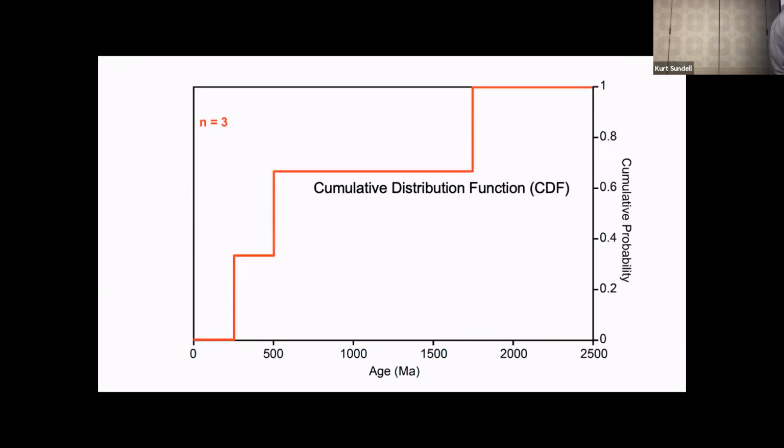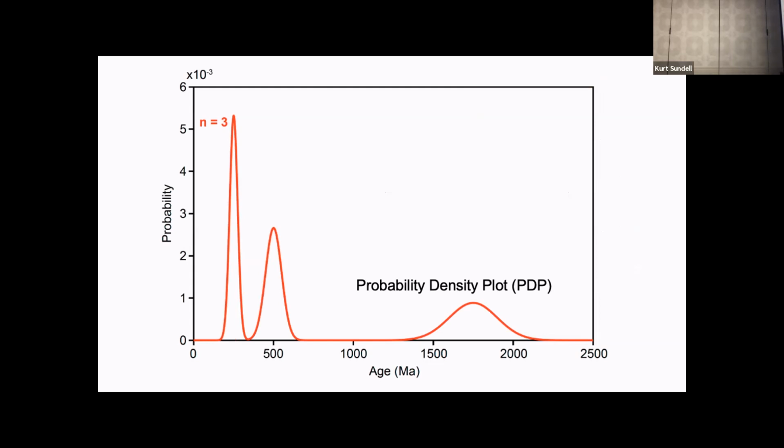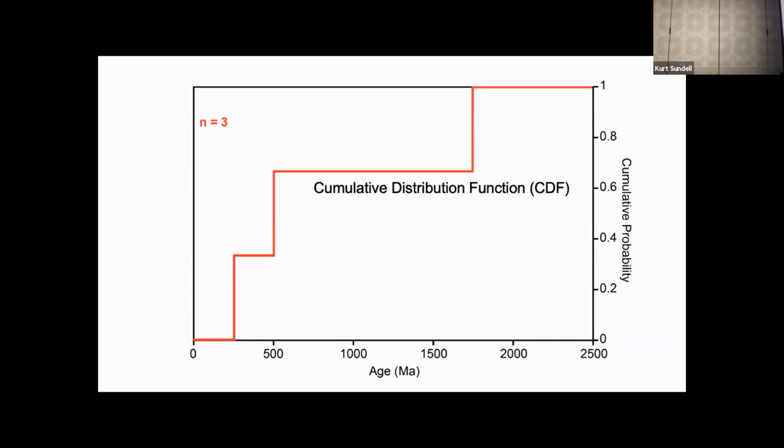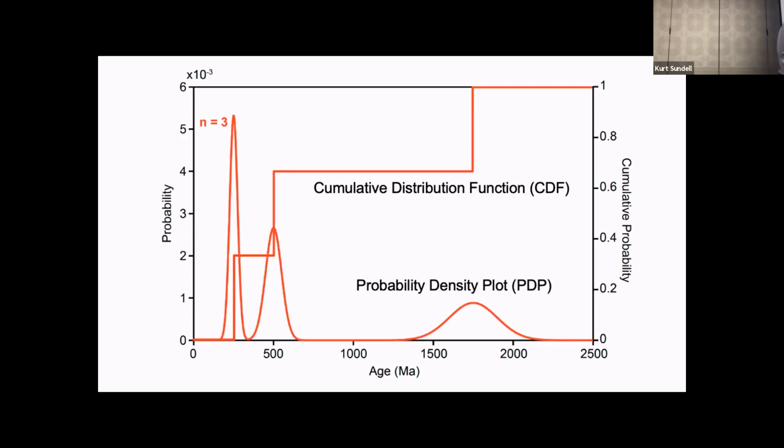Alternatively, you can look at this as a cumulative distribution. If you've ever looked at a cumulative distribution very closely, they're actually little stair steps. Everywhere that you have a date, you add a step. So you have a step here, step here, step here, all the way going from 0 to 1.